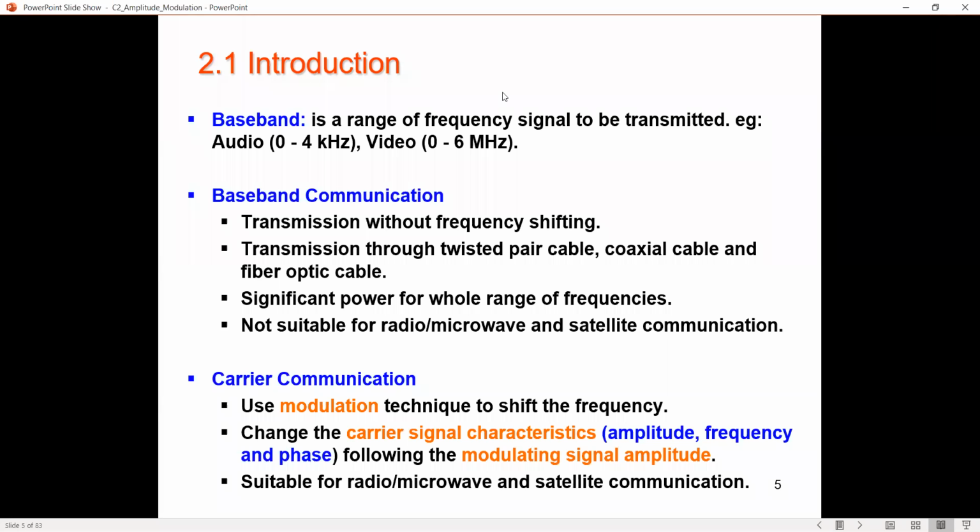So this is still kind of general information: differences between baseband and carrier communication.